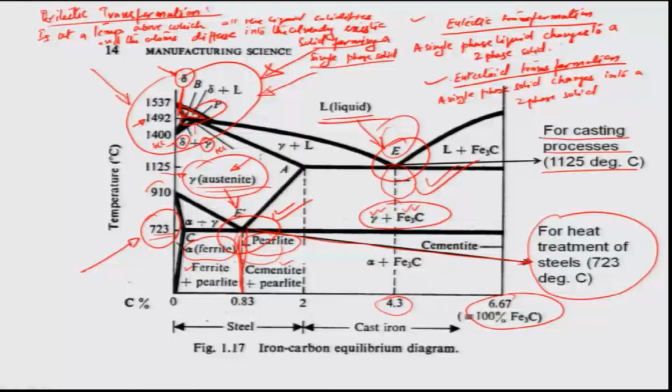So, this is not of much significance, although from the materials engineering standpoint, we try to explore this particular temperature point. So, having said that, we have these three eutectic, eutectoid and peritectic points in the iron carbon equilibrium diagram.